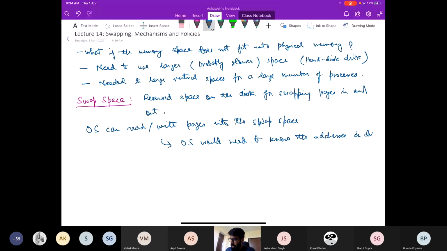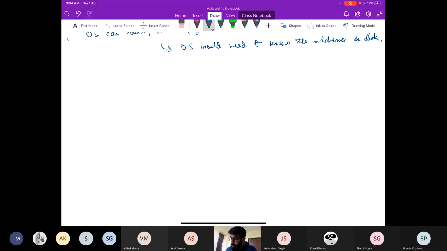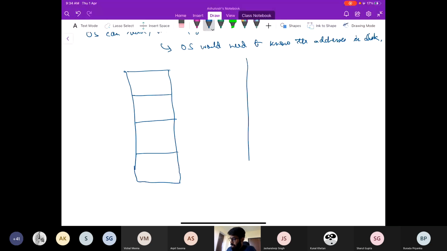Okay. So let's just see an example that why this might be needed. So suppose you have a very small physical memory of just 4 frames. So it can hold just 4 pages. And suppose your swap space is 8 pages.